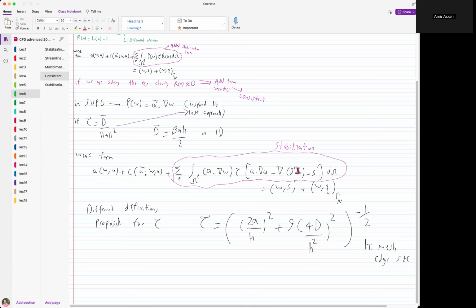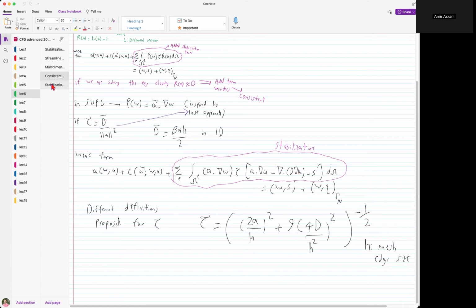So really, you don't quite have the consistency. There's a little bit of error here. But it turns out that that effect is not that concerning because we're really using this for advection-dominated flows anyway. So this term can end up being less important compared to the advection. So it's kind of okay.